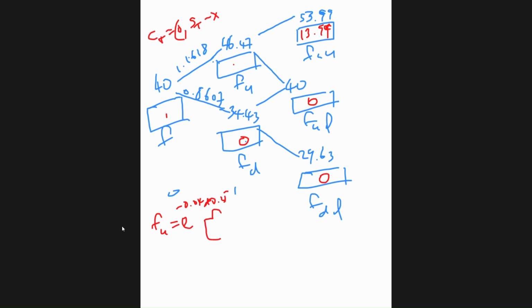What is it? 0.4960. So 0.4960 times 13.99 plus this other one, 1 minus P. If P was 0.4960, 1 minus P was 0.5040.